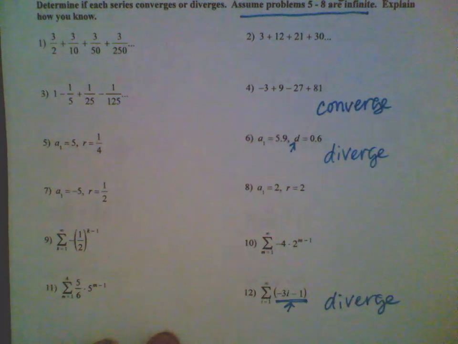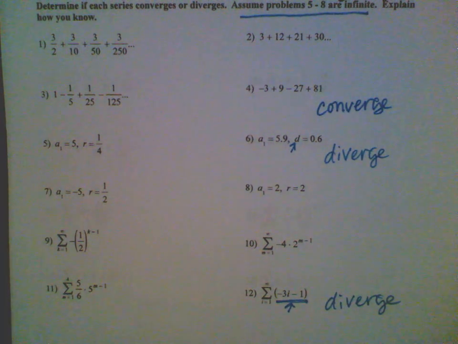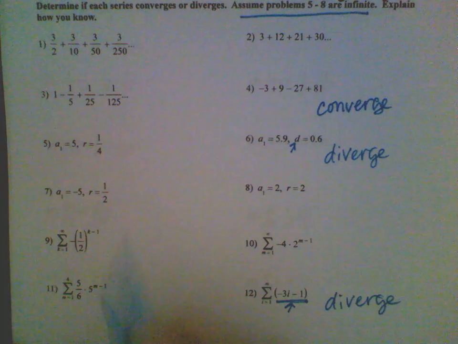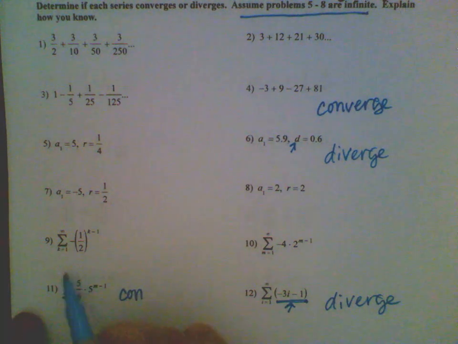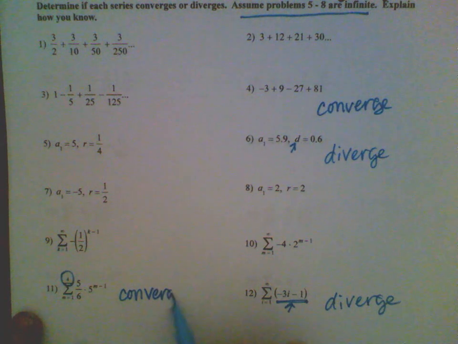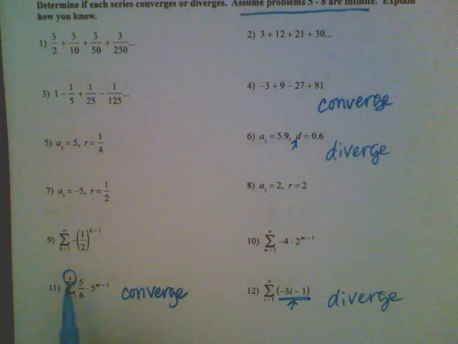It has a sum. Another finite series takes me down to problem number 11, because this top number doesn't go to infinity. So it's going to converge automatically because it is a finite series.